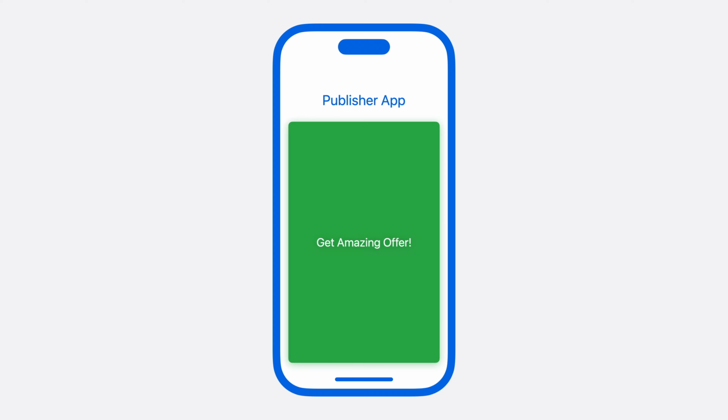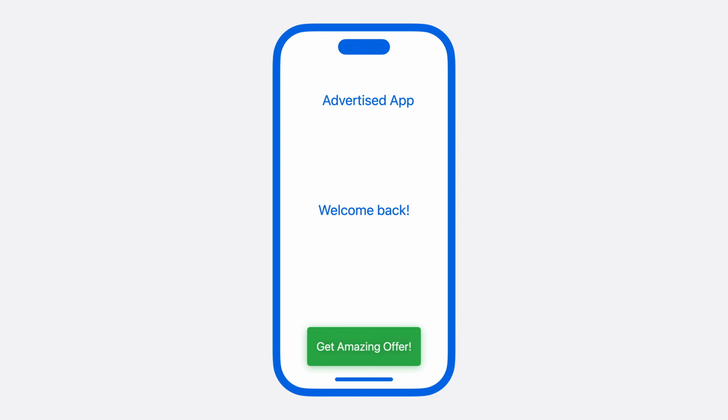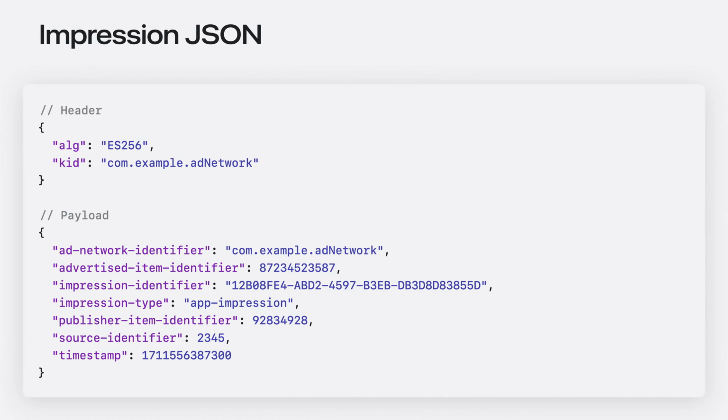And so they run an ad showing a limited time offer. When the user taps on the ad, Ad Attribution Kit opens the advertised app to the screen with the offer, and the re-engagement begins. Let's take a look at a re-engagement ad impression. For opting in to re-engagement, I will add one more parameter to the payload.